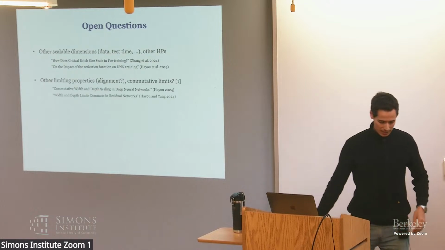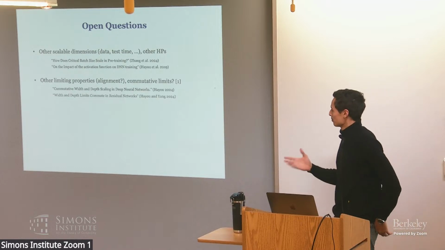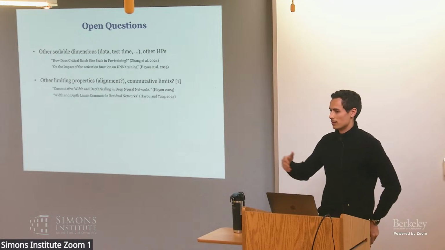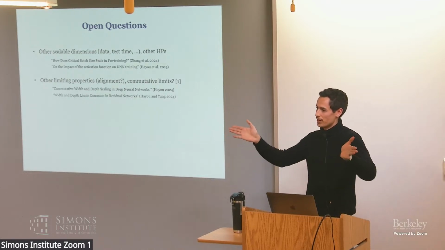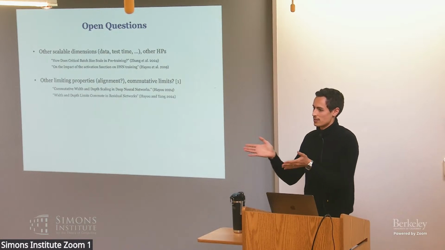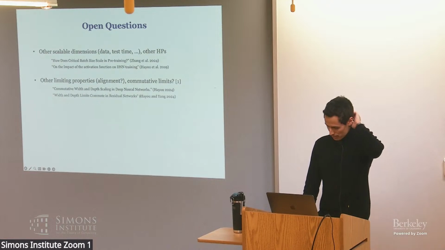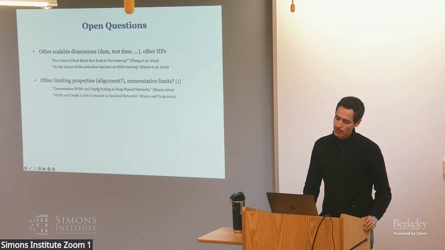Also, something I didn't mention is commutative limits. More precisely, I considered the infinite width limit and then the infinite depth limit. But what happens if you take both to infinity at the same time, or at some fixed ratio? We have two papers on these questions where we show that with the residual architecture, the width and depth limits commute.